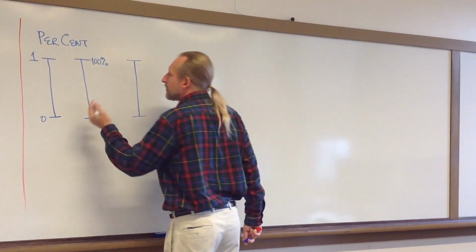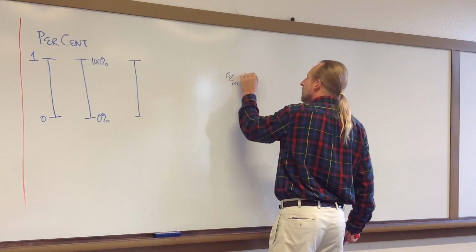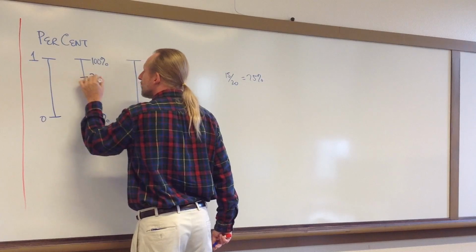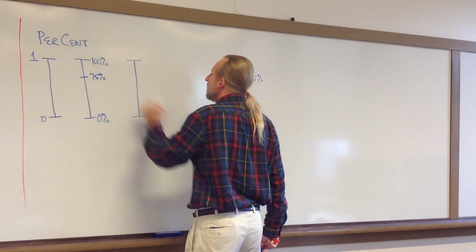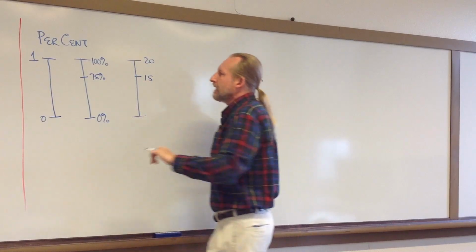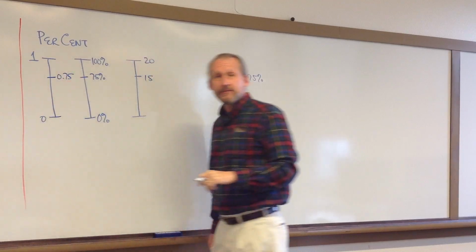Let's say 15 out of 20 was equal to 75%, so the 75% would come along here, and this would be the 15 out of 20. And of course, if you turn the percentage into a decimal, it's 0.75.